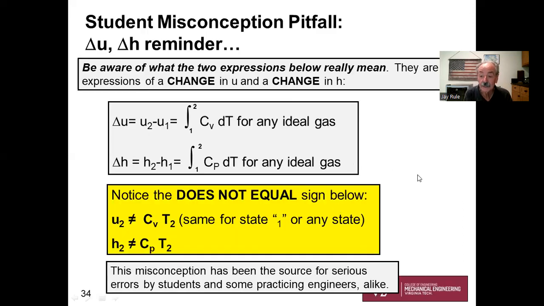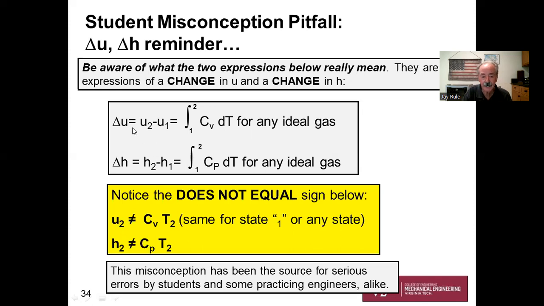Here's another student misconception. A lot of students will try this in homework problems. What they'll do is try to say U2 equals question mark, a value for U2 only. Well, if I'm going to just take C sub V and multiply it by T and get U, that is not correct, because look at the original definition. Delta U is the integral of C V dT.